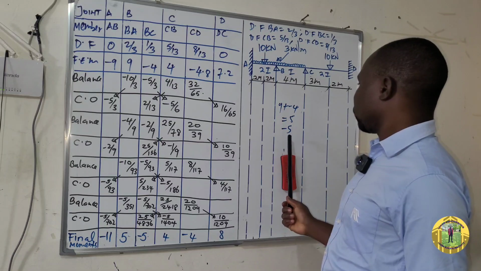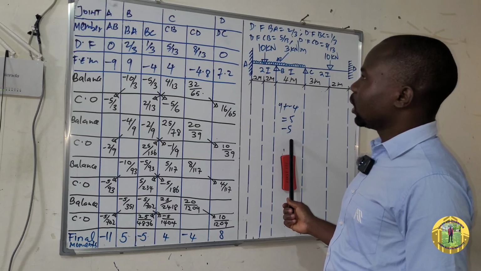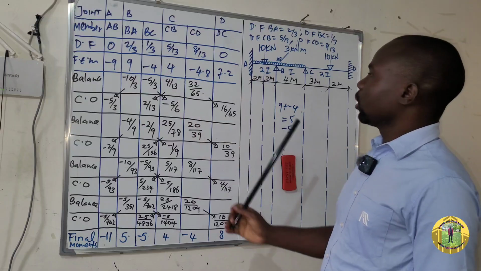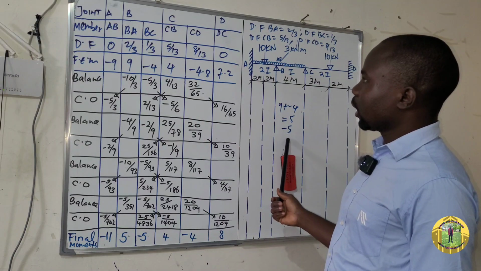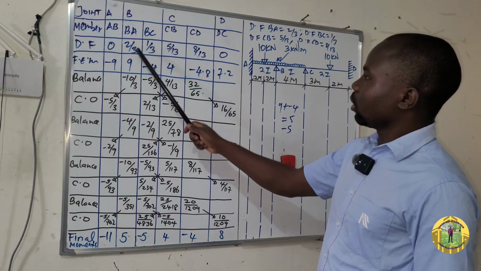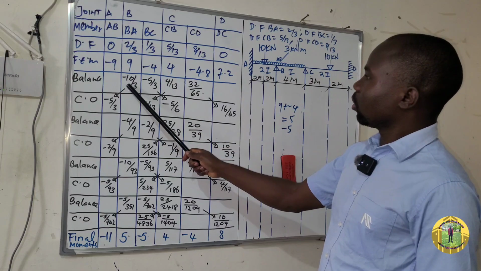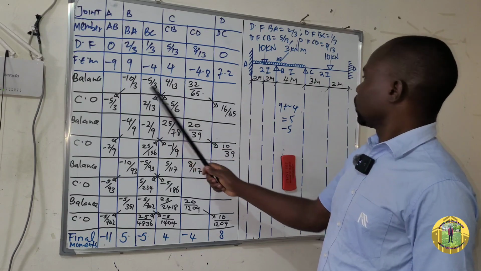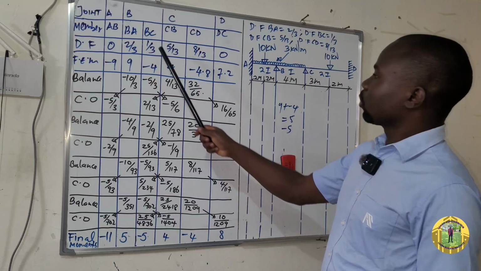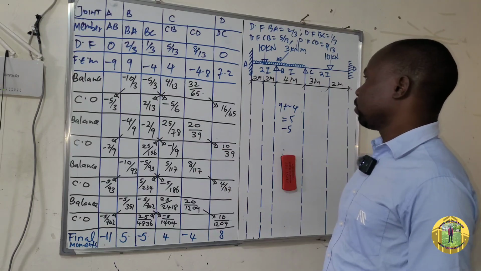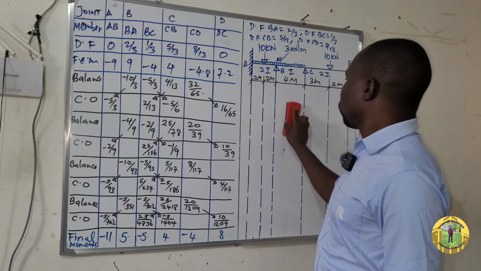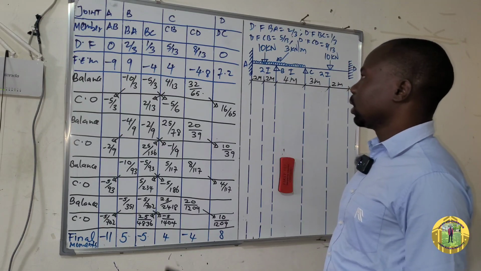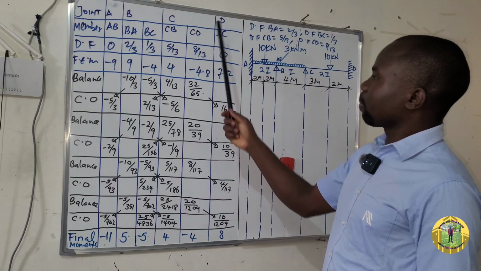Take this -5 and distribute it to each member according to the distribution factors. So -5 times 2/3, you will get -10/3. And -5 times 1/3, you will get -5/3. By doing so, you have balanced that joint. And then come to C.